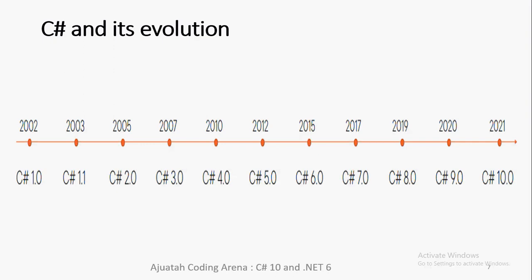Over the years from 2002 to 2021, Microsoft has greatly helped to improve it. And in 2022, mind you, there is already C# 11.0, but we will do C# 10, which is widely used in most companies because it is very flexible and very stable as of now. So that's the C# evolution.